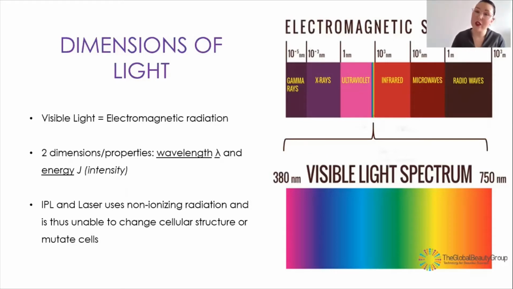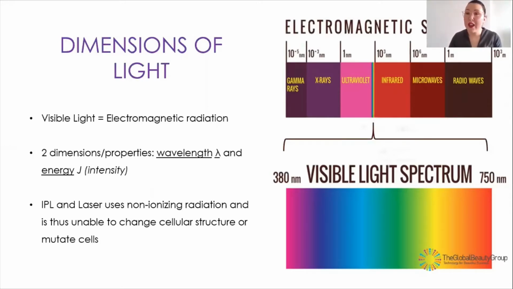Everything to the left of that visible light spectrum is our ultraviolet, our X-rays, and so on. These are our ionizing radiations, and these are the ones that, with prolonged exposure, can change cellular DNA and cause issues such as cancer and mutations. So again, that left-hand side is the ones that we have in small dosages and avoid.